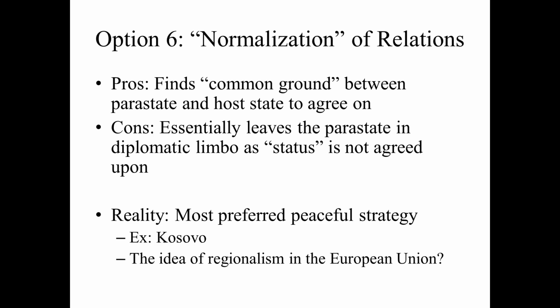Now, this is, of all 6 options, the most preferred strategy. It's not the most straightforward, and it is certainly not the most clear-cut, but it is one that is done in the name of democratic development and regional collective security. The normalization of relations is what is proposed between Kosovo and Serbia, with the idea of getting Kosovo to be some kind of viable, working territorial entity.